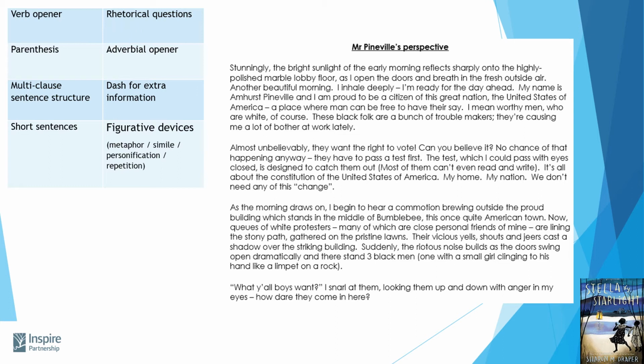Suddenly, the riotous noise builds as the doors swing open dramatically, and there stand 3 black men. One with a small girl clinging to his hand like a limpet on a rock. "What your boys want?" I snarl at them, looking them up and down with anger in my eyes. How dare they come in here?